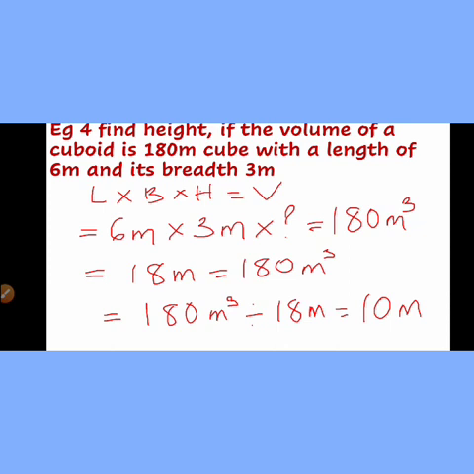So 6 times 3 is 18. 18 times 10 will give us 180 meter cube. Now, if you also want to find the breadth, this method goes also in finding the breadth. And if you're also going to find the length when the length is missing, you can also use this procedure to find the length when the length is missing.